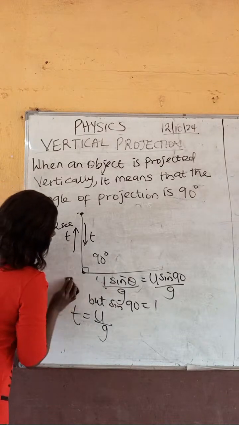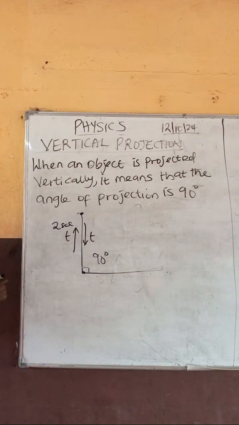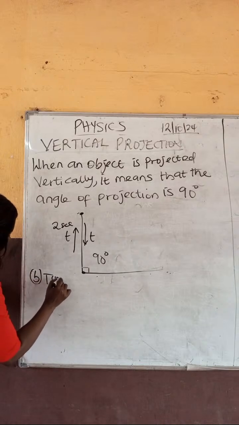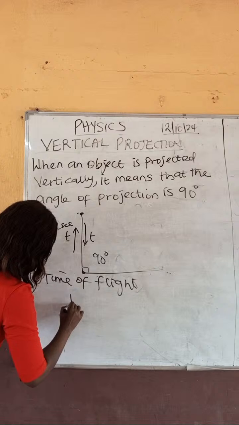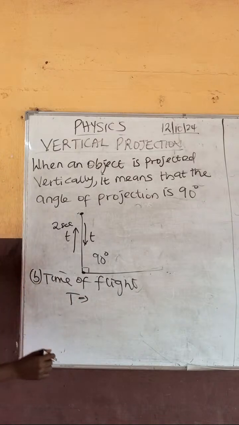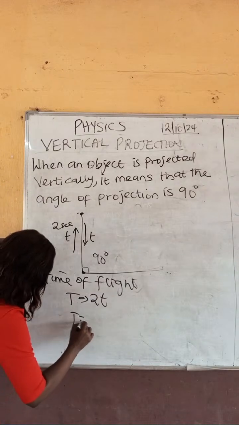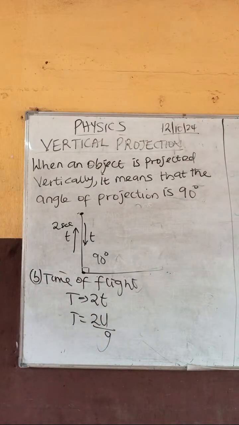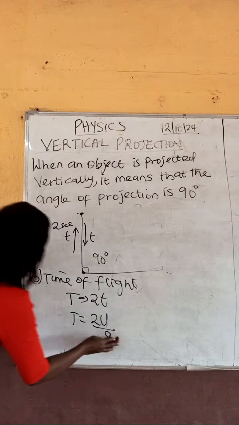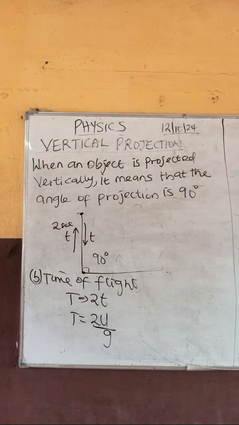All right, then the time of flight becomes, that is B, capital T. Remember that this is my 2 small t. So my time of flight becomes 2u over what? G. Becomes 2u over g. It must only be from vertical projection.